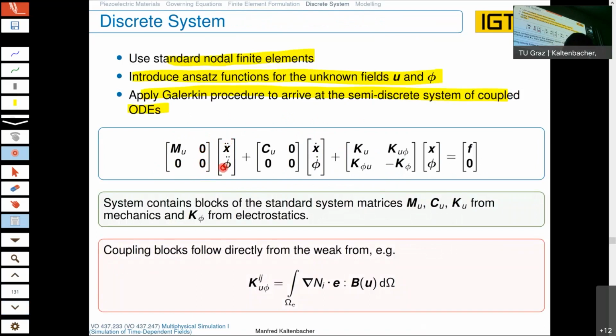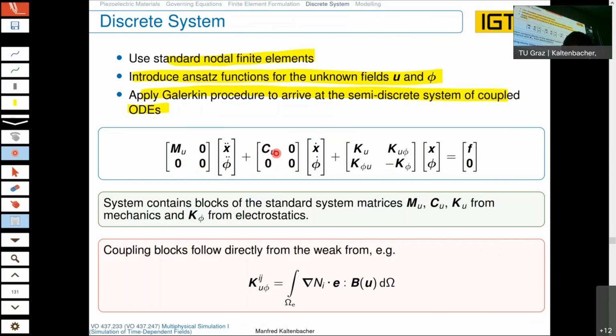So we have just extended the mass matrix, but you see that here are just zero matrices because the time derivative of phi is not showing up. The second order or first order time derivative is not showing up in our equation, but in order to have the same size for the overall matrices, we also put in zero matrices.